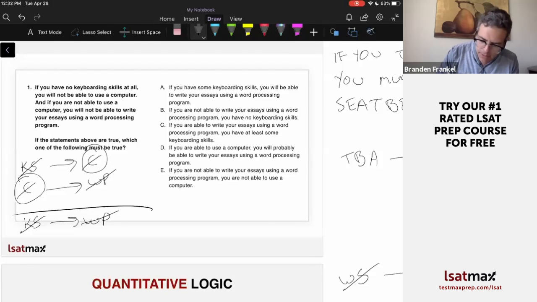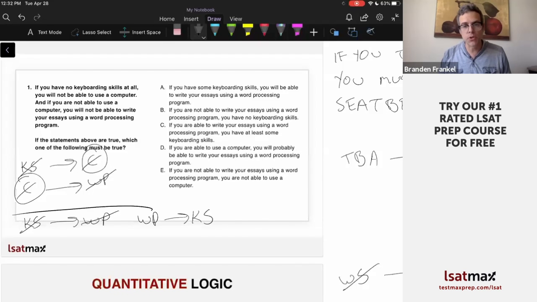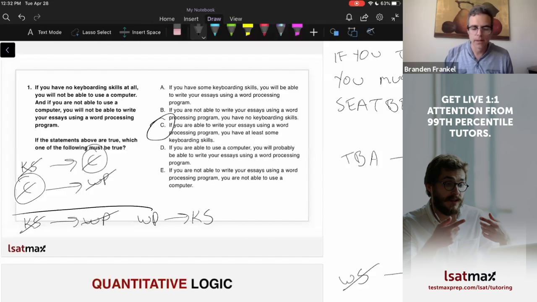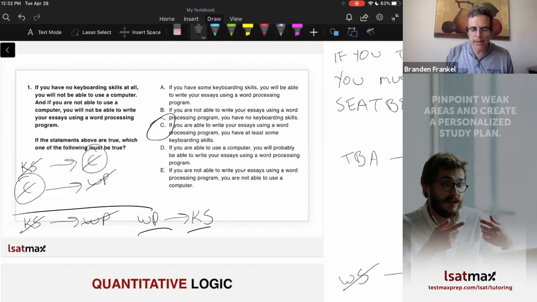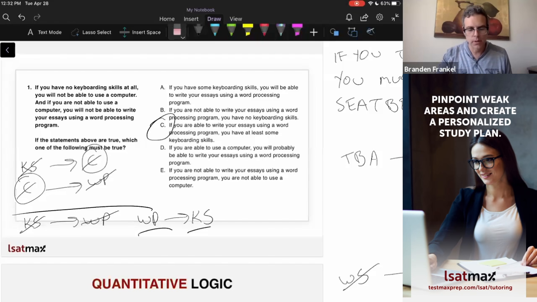So that would look like this. If you can use a word processor, then you have keyboarding skills, which gets you to, like I was saying, most people got the right answer, C. If you are able to write your essays using a word processing program, then you have at least some keyboarding skills. That's the right answer.